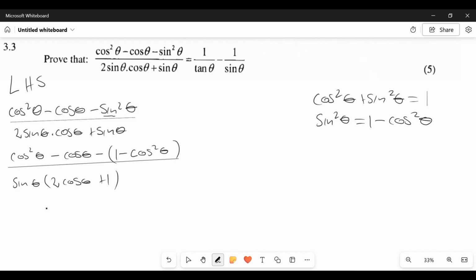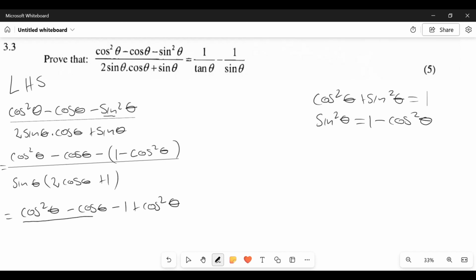There we go. And then we continue further, guys. Now if we continue, we have to remove the brackets. So we're going to write cos squared theta on the numerator minus cos theta. If we multiply by negative to remove the bracket, we will be left with negative 1 plus cos squared theta.